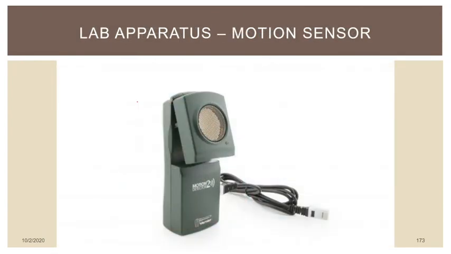The next piece of lab equipment, which has got to be the most versatile of all the ones I'm showing you here, is a motion detector. We actually have these here at the school too. You will definitely be seeing and talking about using this a lot. Essentially, how this works is it's a sonar device.